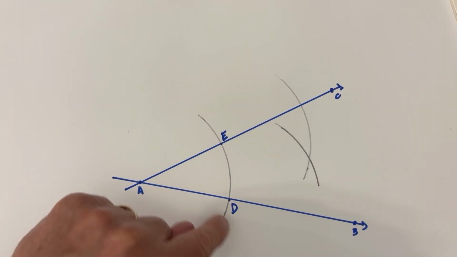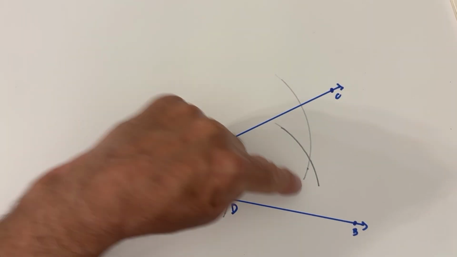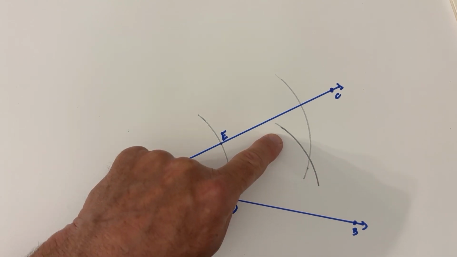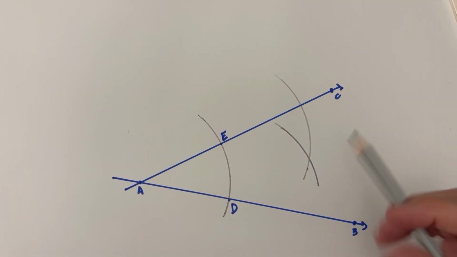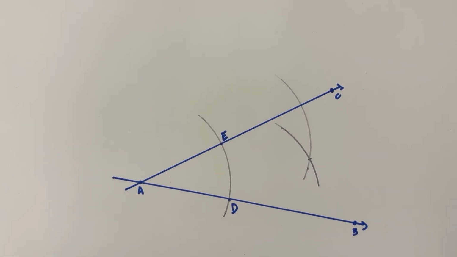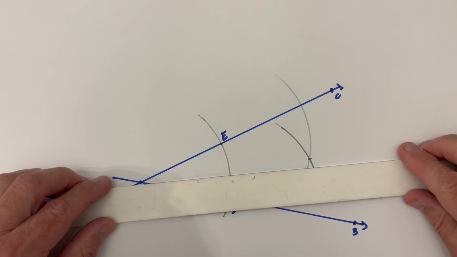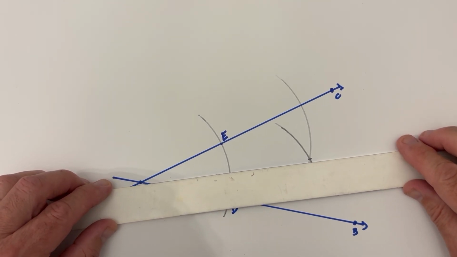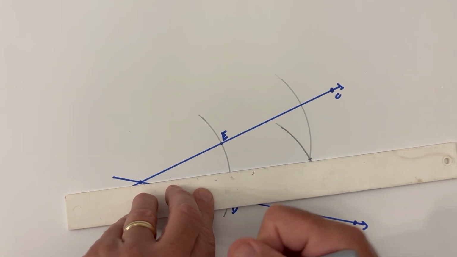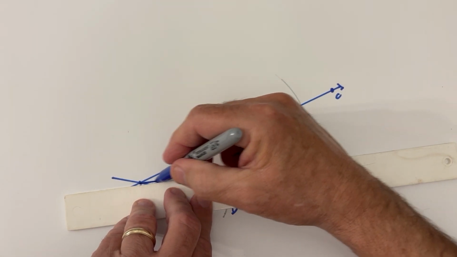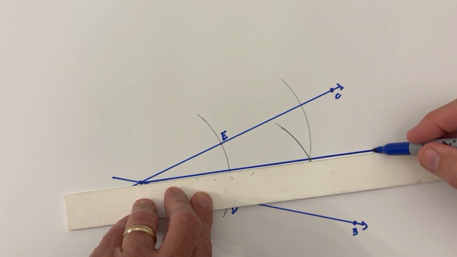From D and E, draw this arc from E and this arc from D. Now this point right here should be the midpoint. So let's extend that out with a line through that point from the intersection point there. So that should be our intersection.